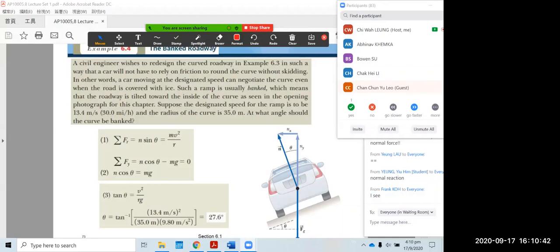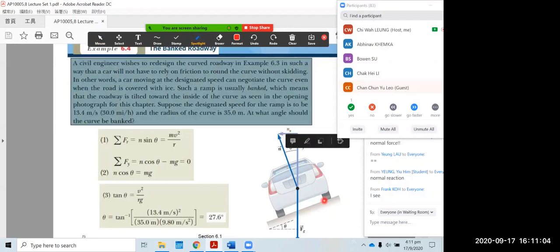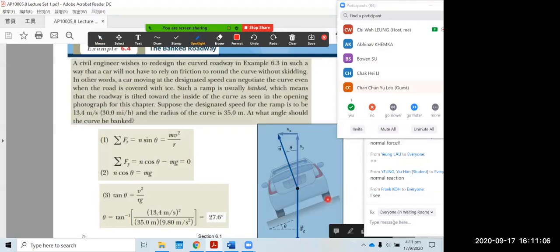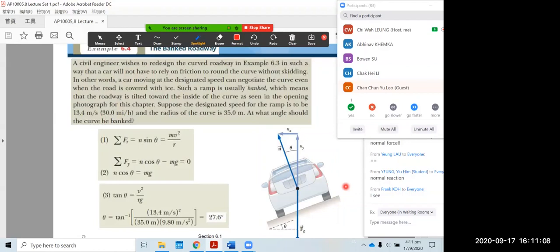I'm not going into this particular example. Here in this example, we assume that the normal force provides all the centripetal force. But of course, in a real life scenario, you could have both the normal force component, NX, as well as the frictional force on the wheel to provide the centripetal force. But here, we try to make things a little bit simpler.